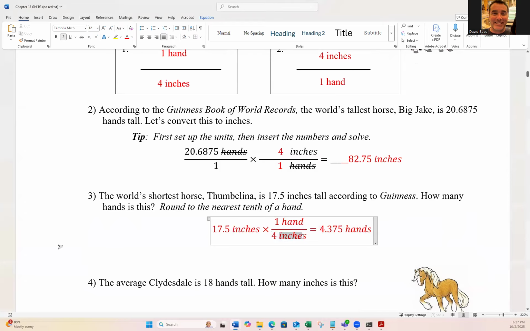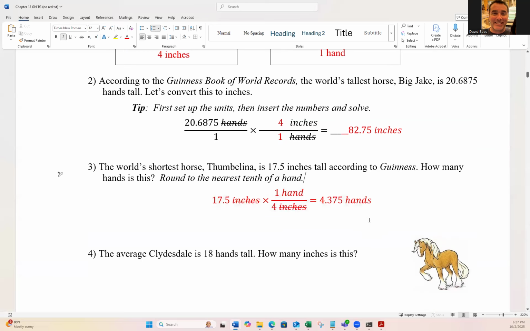This time we're doing 1 over 4 because we want inches to be on the bottom here, since it's on the top here. Since we have inches divided by inches, those cancel out. We have 17 and a half times 1 hand divided by 4, which equals 4.375 hands.